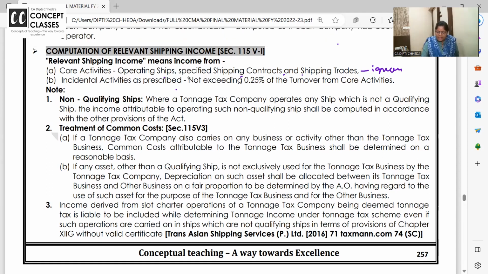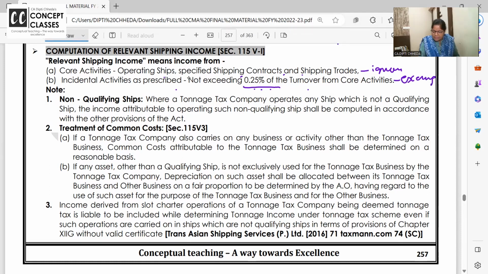Incidental activities not exceeding 0.25%. ये जो core activities है ना, इनसे जो incidental activity है, not exceeding 0.25% of the turnover from the core activities. So other income should not be more than 0.25% of the turnover of the main activities. Main activities के turnover से 0.25%, incidental activities हैं not exceeding, then it is exempt.